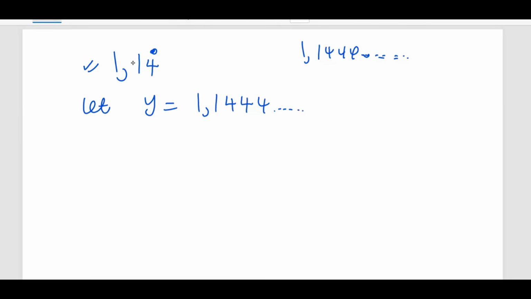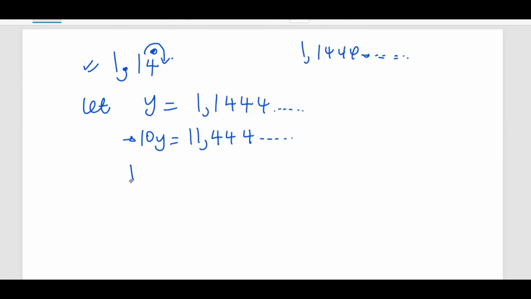Then I need to cover the first digit that is not repeating. And every time the comma moves, it's a multiple of 10. So 10y is equivalent to 11, comma 4, 4, 4 recurring. Okay, then I also need to cover the digit that is repeating, which is just the 4, meaning that I'm going to multiply by 10 again.